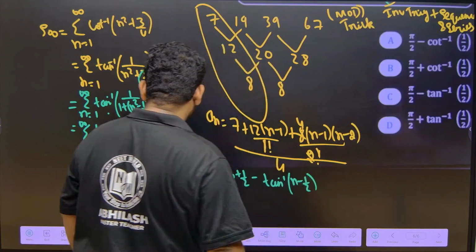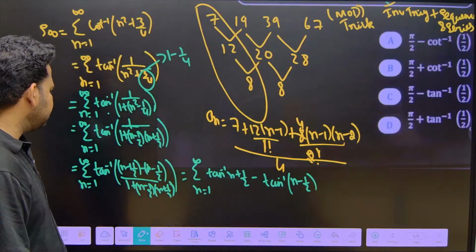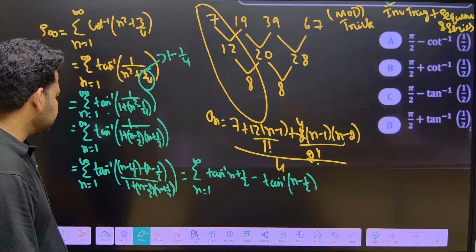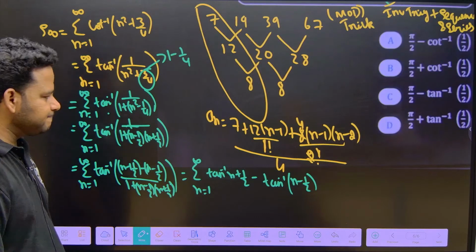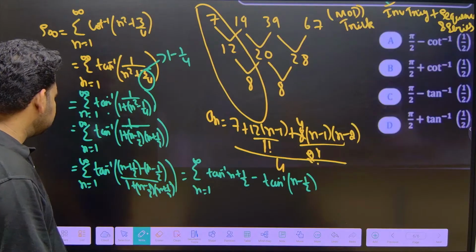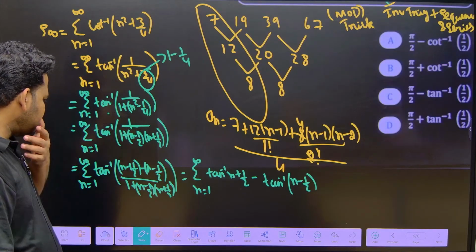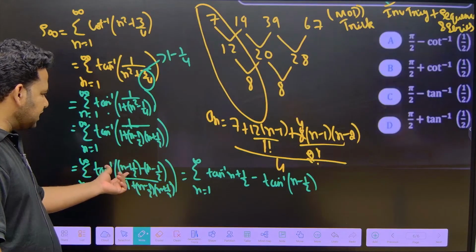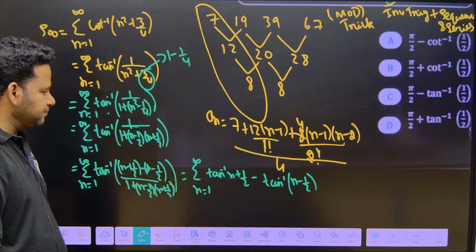Clear? It is tan inverse of a minus b by 1 plus ab, which is tan inverse of A minus tan inverse of B. This is what I have.